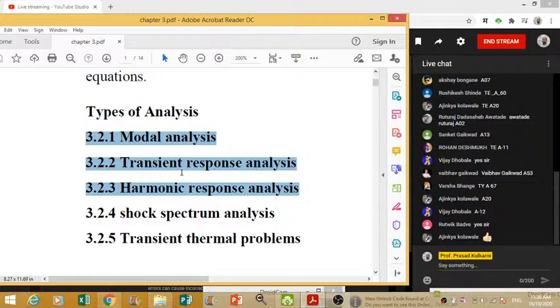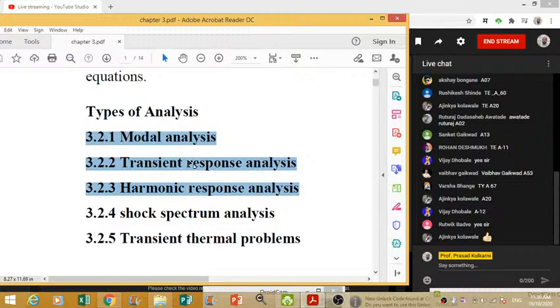Now, the governing equation of modal analysis is also an important point. In theory of machines you have learned the governing equations of all types of behavior, dynamic and static.